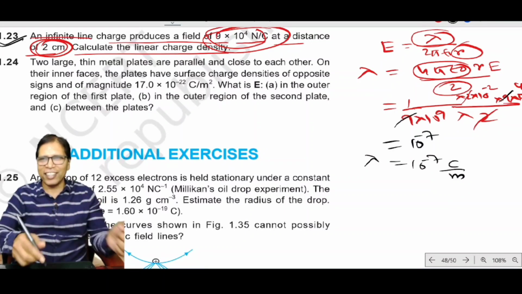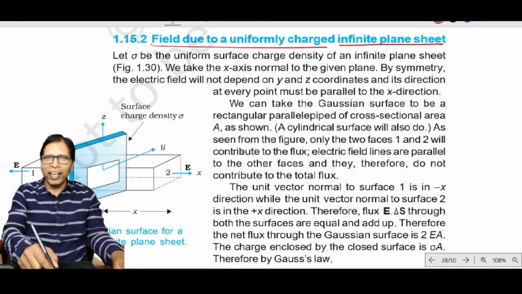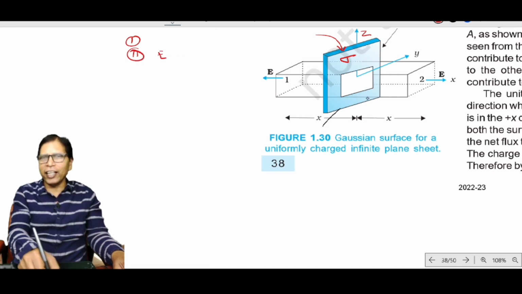Next, field due to a uniformly charged infinite plane sheet. Now look at this. This is the infinite plane sheet in the YZ plane. This is the Z axis. Its surface density of charge is sigma. Number 2, we have to calculate the E near a point.